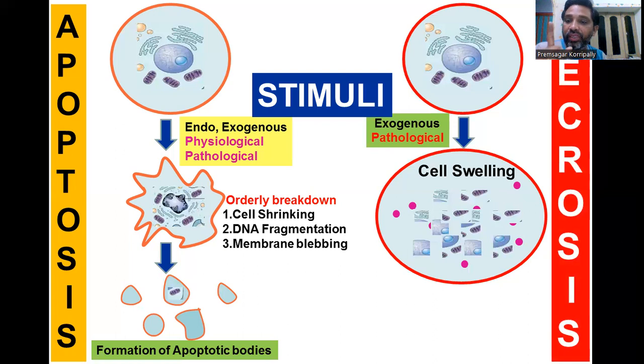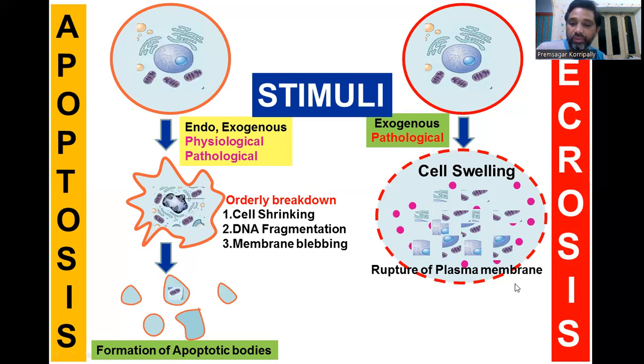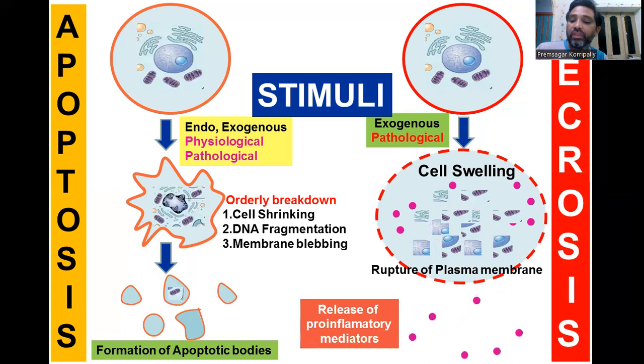And here, rupturing of the plasma membrane takes place in necrosis, then release of pro-inflammatory mediators. So this is all about apoptosis and necrosis with respect to stimuli, breakdown, and the release of pro-inflammatory mediators. We'll see other differences in the next slide.